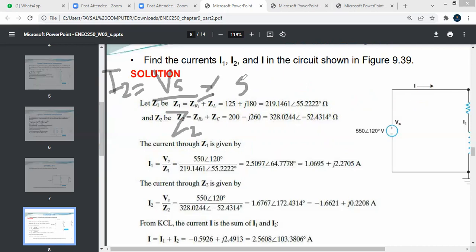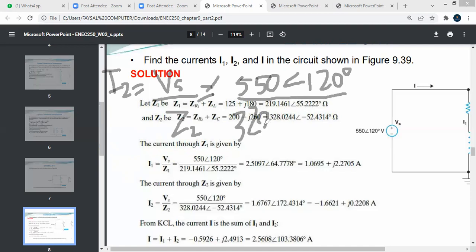That is 550 with the angle 120 degree, all divided by the value of Z2. Z2 will be 328.0244 with the angle minus 52.4314.